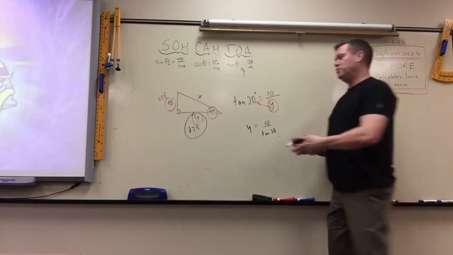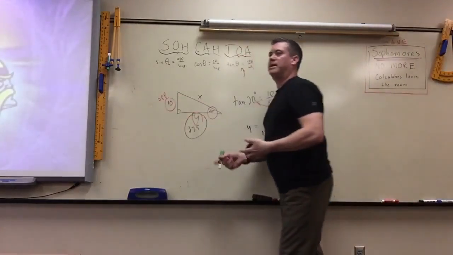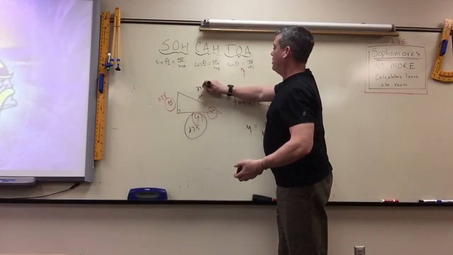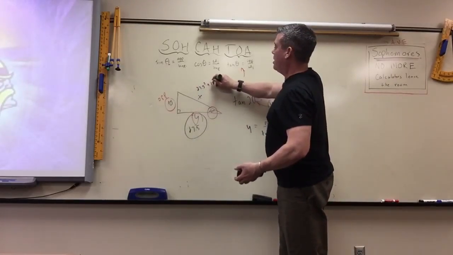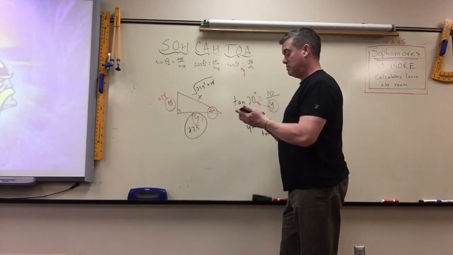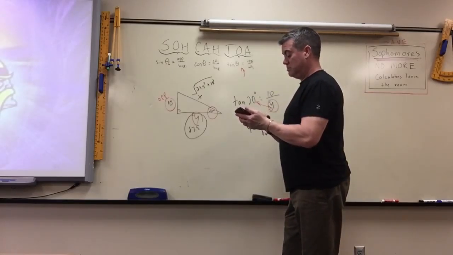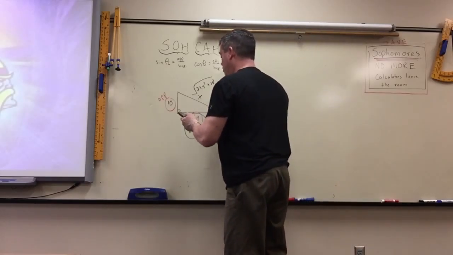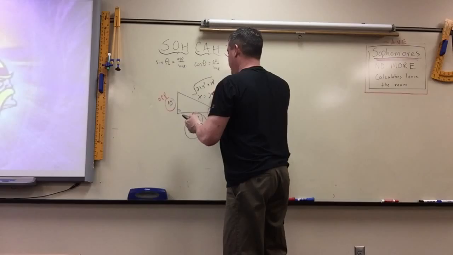Then, now that you know two sides, you could just use the Pythagorean theorem. Since it's the two legs, it's 27.5 squared plus 10 squared, square rooted. That's 29.26, which would round to 29.3.